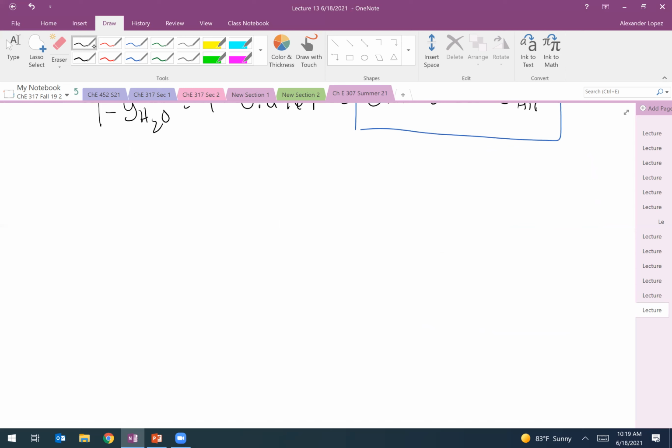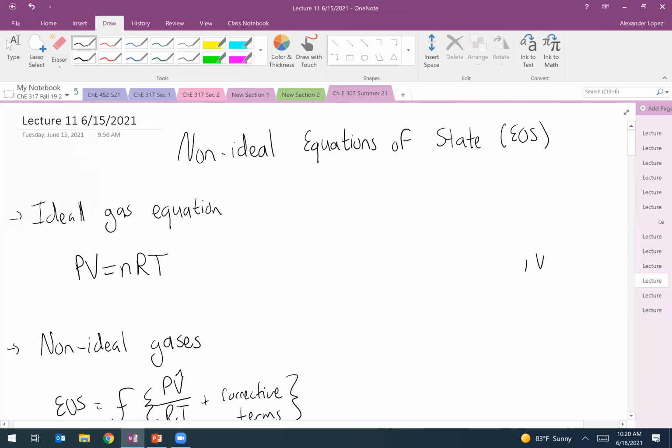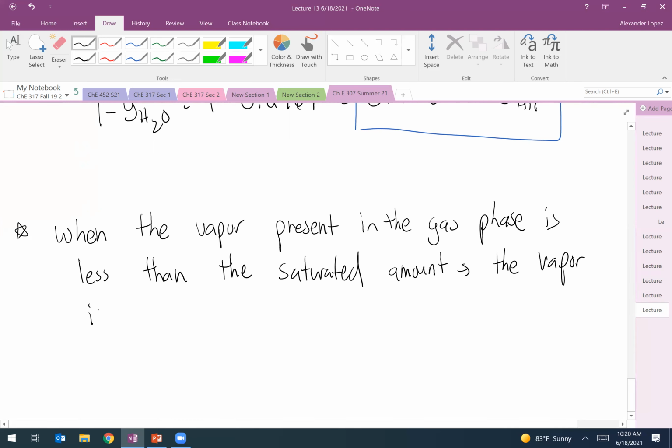One important thing to note is that when the vapor present in the gas is less than the saturation amount, we consider that system, or that vapor, superheated.